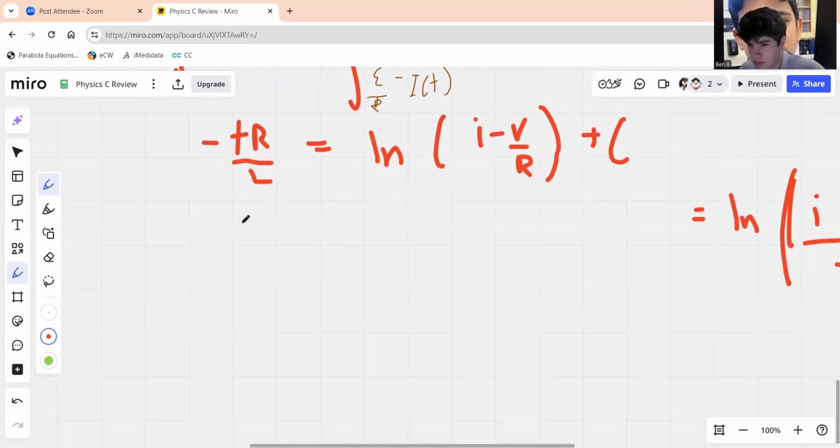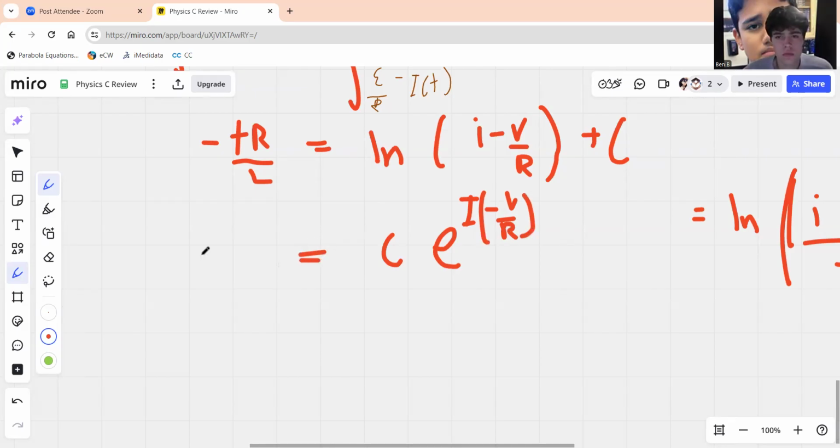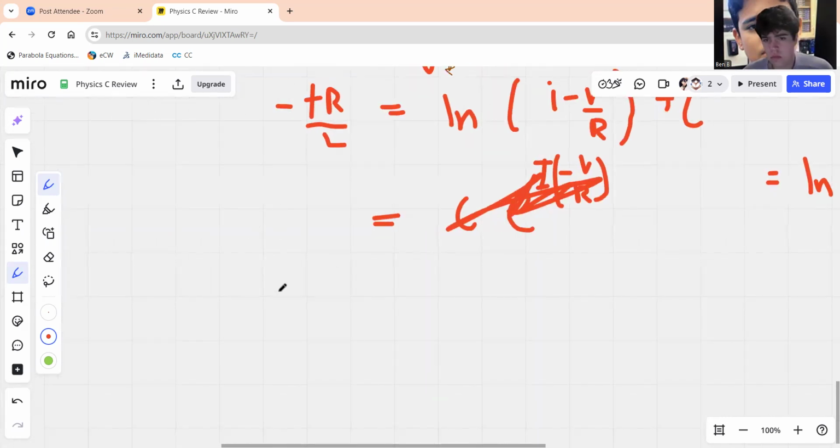And then the next step is to essentially take the exponent. So C times, so we can pull this out. Sorry, quick mistake if you caught it.